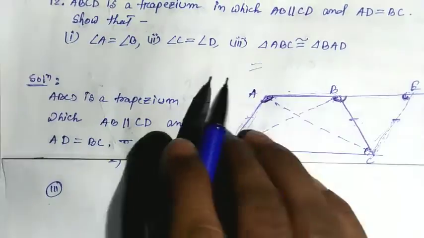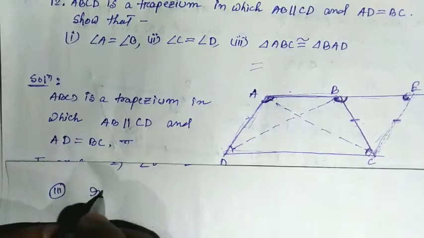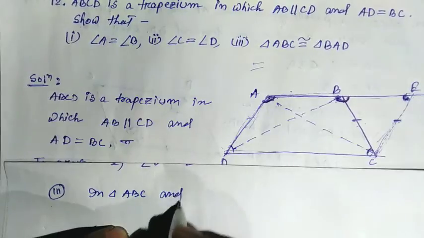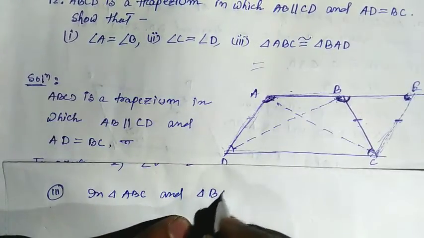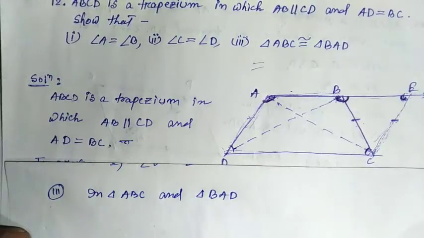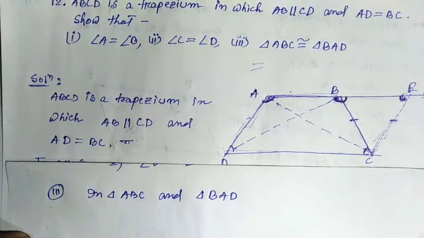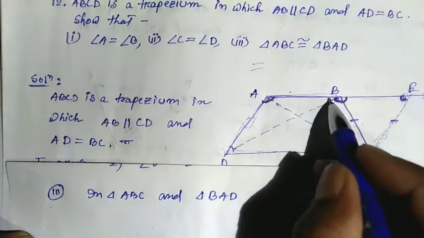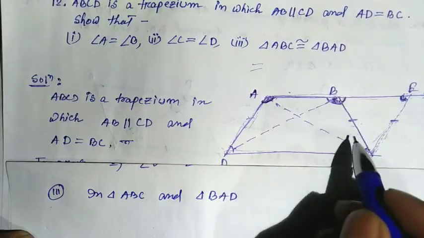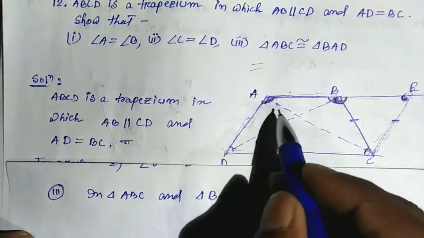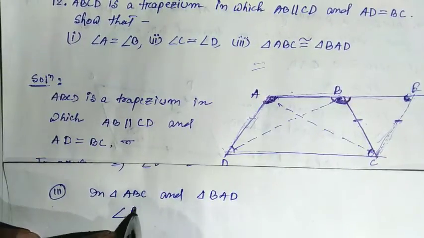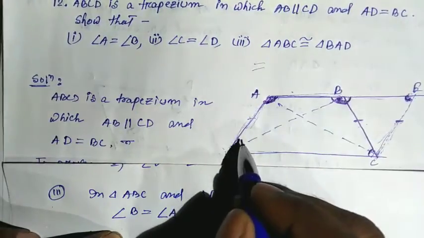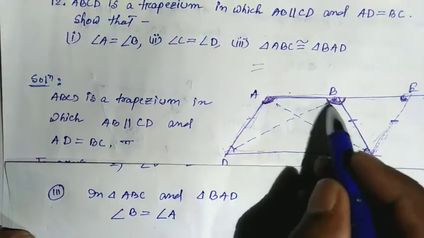In these two triangles, to show them congruent, we have to prove three corresponding parts are equal. In triangle ABC, angle B, that means angle ABC, and in triangle BAD, angle A are equal. So angle ABC is equal to angle BAD. I am writing it in short form as angle A.